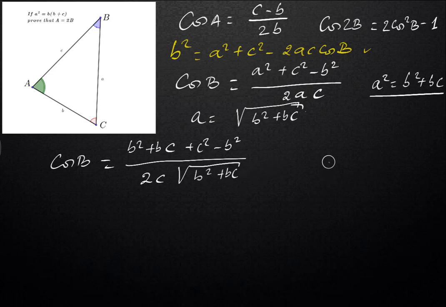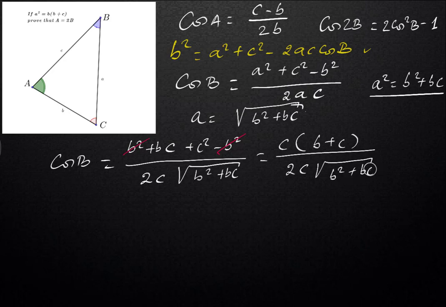Correct? And we see B squared minus B squared here, and we can put C in factor if we want. So you can see factored B plus C over the quantity 2C times the square root of B squared plus BC.